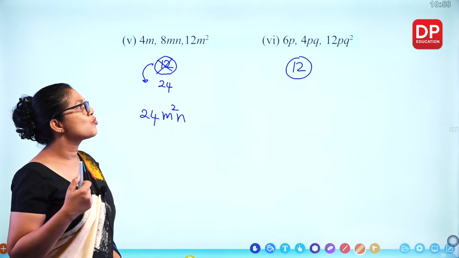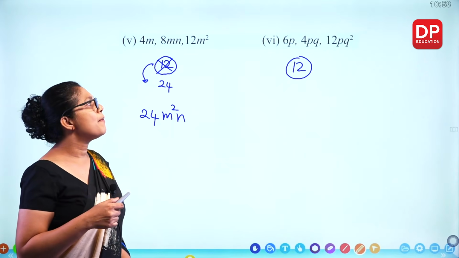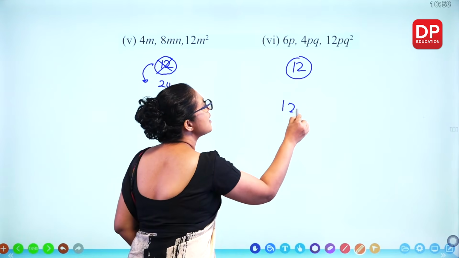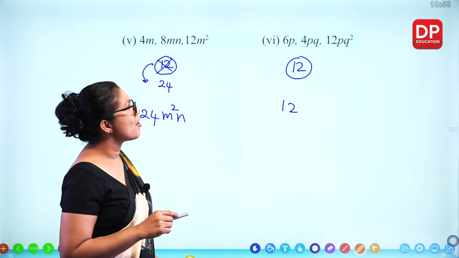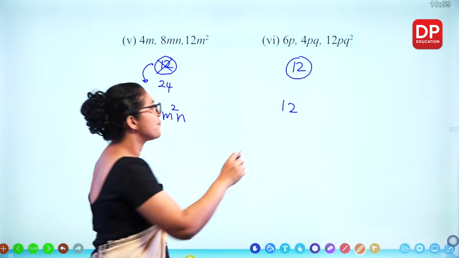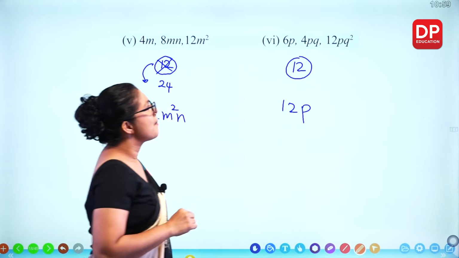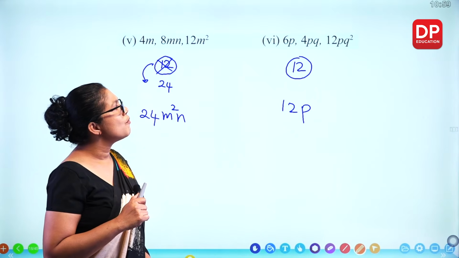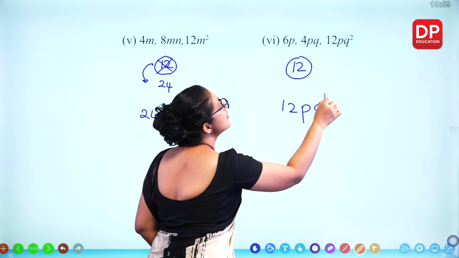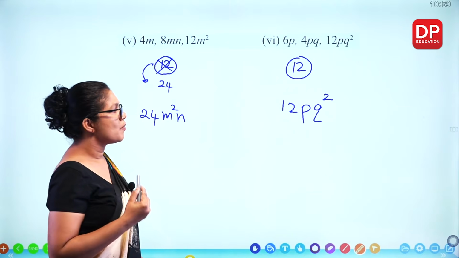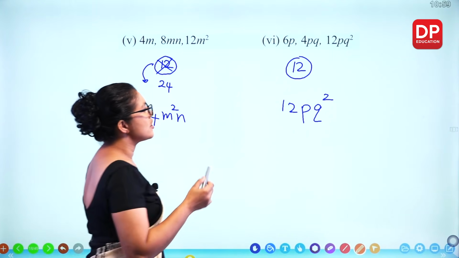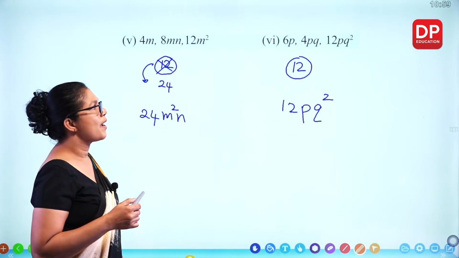So that means 12 is the least common multiple of 6, 4 and 12. Then you think about the highest power of the other letters. When you take p, what's the highest power? That's p. What about q? What's the highest power of q? You get the square term. So the least common multiple of this algebraic expression is 12pq squared.